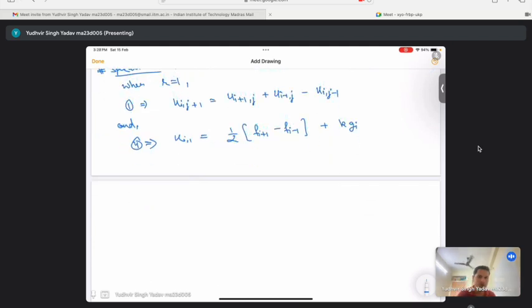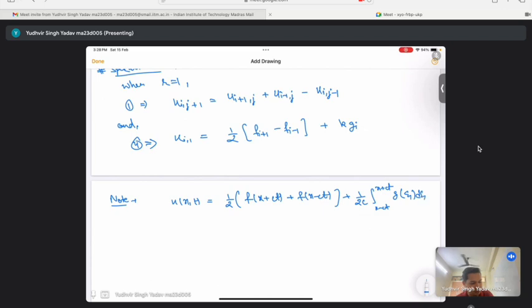So also one can note that it is much more similar to the second order wave equation, analytical solution of the wave equation, that is nothing but u(x,t) equals 1 by 2 times f of x plus ct plus f of x minus ct plus 1 by 2c integral from x minus ct to x plus ct g of some function xi.